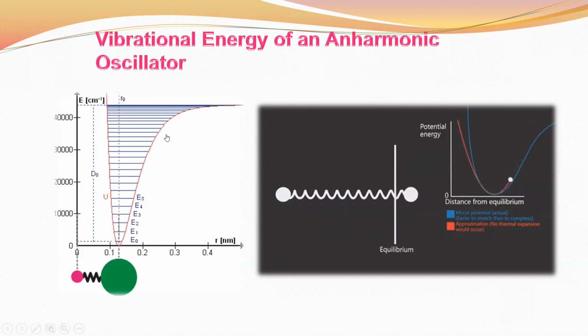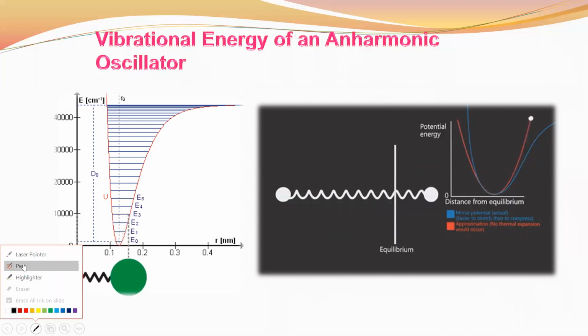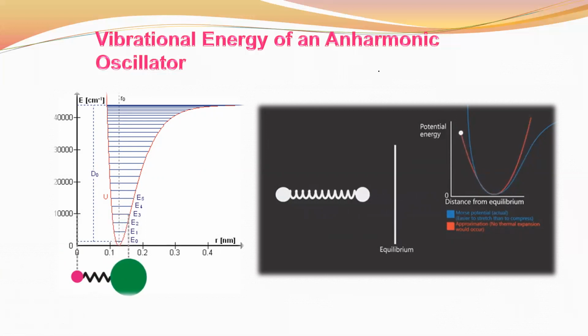For the vibration of this diatomic molecule, if we choose the expression as in the previous case, in the classical case we write the energy as 1 by 2 K into (R minus R equilibrium) whole square.